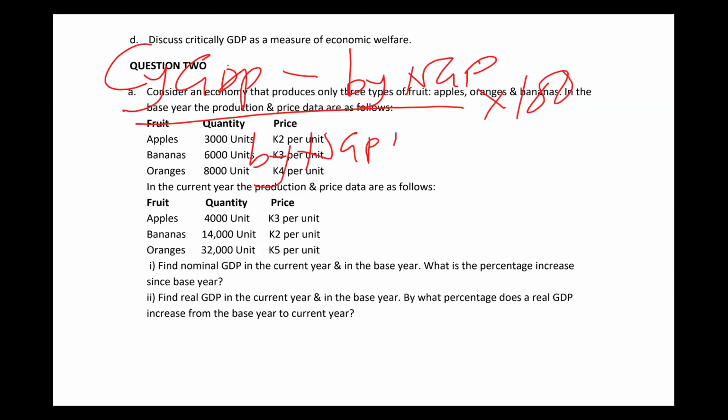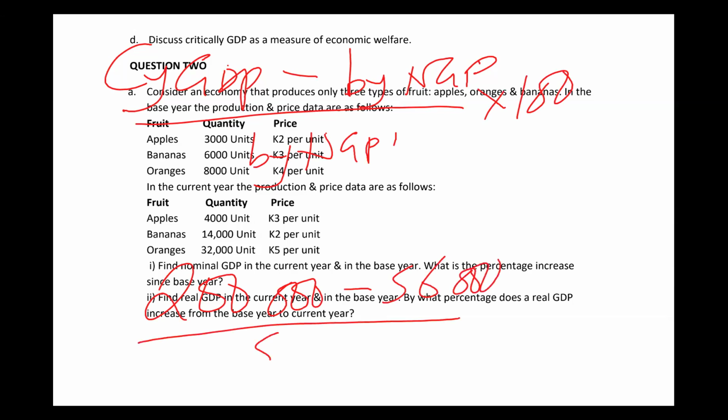So the current year nominal GDP was how much? 200,000, correct? Yes, sir. Minus the previous one was 56,000, you said, so that it can be divided by 56,000 and multiplied by 100. What do you find?